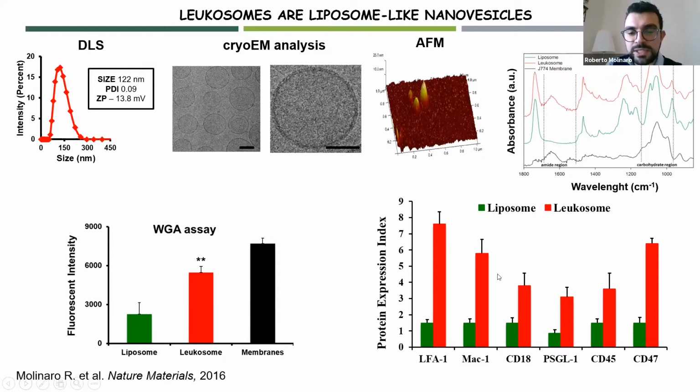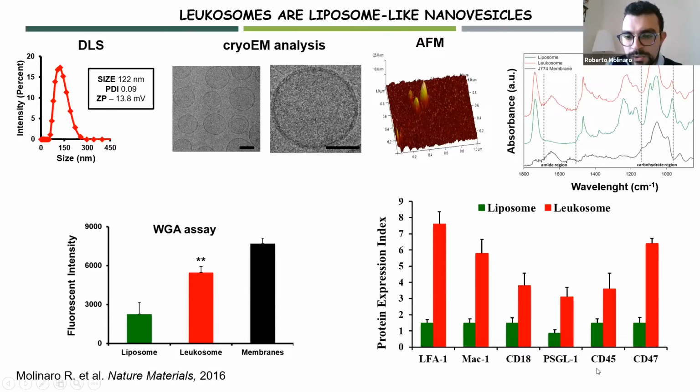Flow cytometry analysis identified the markers that we were actually looking for, and in particular those receptors on leukocyte surface, such as LFA1, MAC1, CD18, and PSGL1, that are able to recognize and bind to the cell adhesion molecules that are overexpressed by the endothelial cells in case of activation or inflammation.